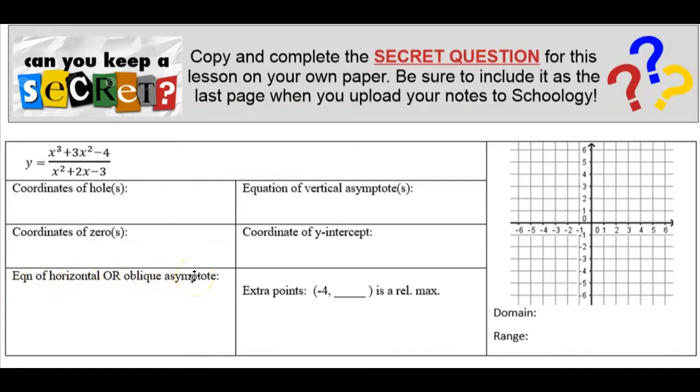Then step number 6 is to sketch the graph, and to do that you're going to also need to find the coordinate of an extra point where the x is negative 4, and that point will be a relative maximum on your graph. And then step number 7, once it's graphed, you're going to identify the domain and the range.